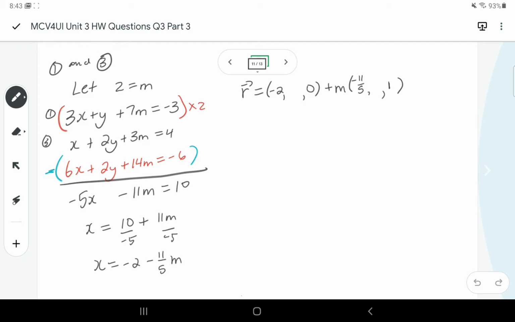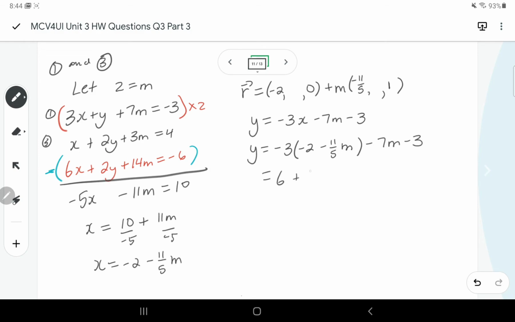Now, I'm going to again figure out what y is, and I'm using that first equation just because it's easy to solve for y. So y is negative 3x minus 7m minus 3, and if I know x is negative 2 minus 11 over 5m minus 7m minus 3, so here I get 6 plus 33 over 5m.